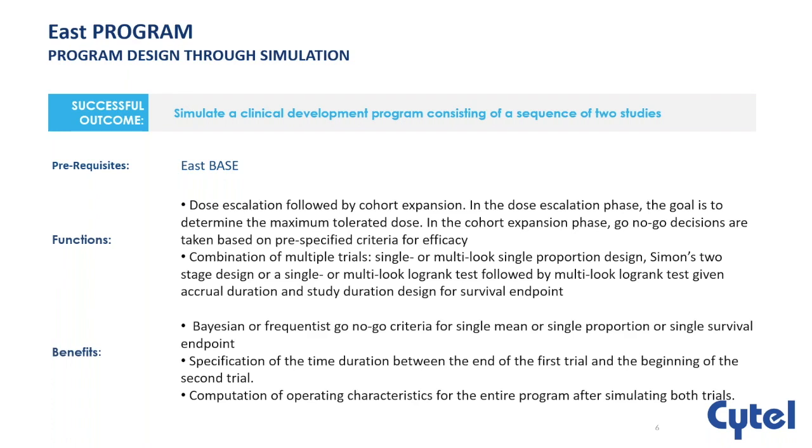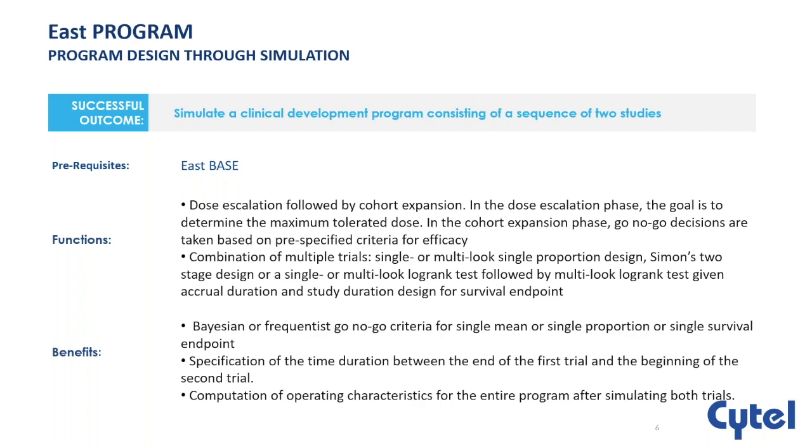With the program module, you're allowed to simulate a sequence of studies. So in this case, we will have a dose escalation study. And once the maximum tolerated dose is identified, we're going to be following that with a cohort expansion study. And then for the sequence of the 2 studies, we're going to be able to get an idea about the overall chances of success of the study.